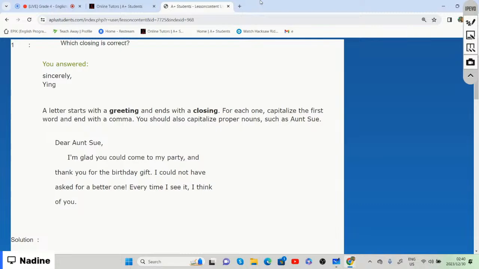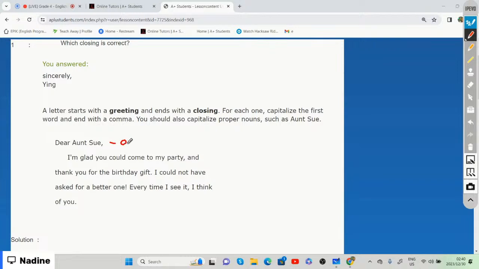For example, if we look at this letter over here, Dear Auntie Sue, so that is our greeting. So which means that they are writing to Auntie Sue. I'm glad you could come to my party and thank you for the birthday gift. I could not have asked for a better one. Every time I see it, I think of you.